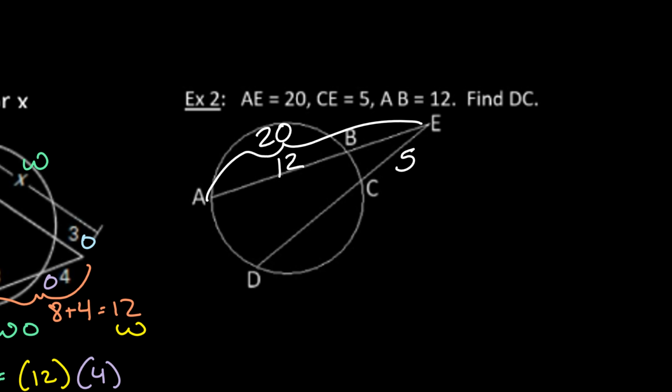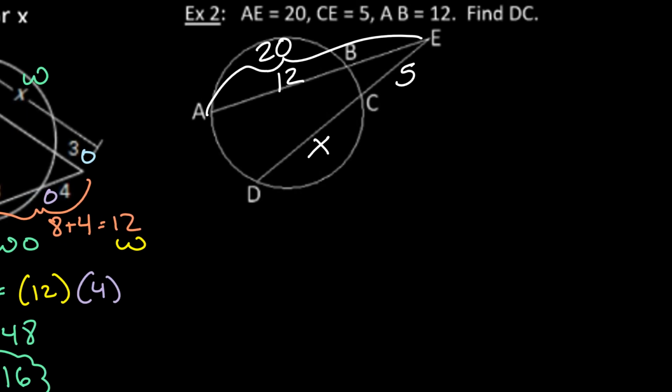Find DC. So what am I going to put on DC? An X. Good. Now I have two types of segments here? Secant. So what rule do I use? The whole rule. Now what's my whole on the top? 20. And what's my outside on the top?